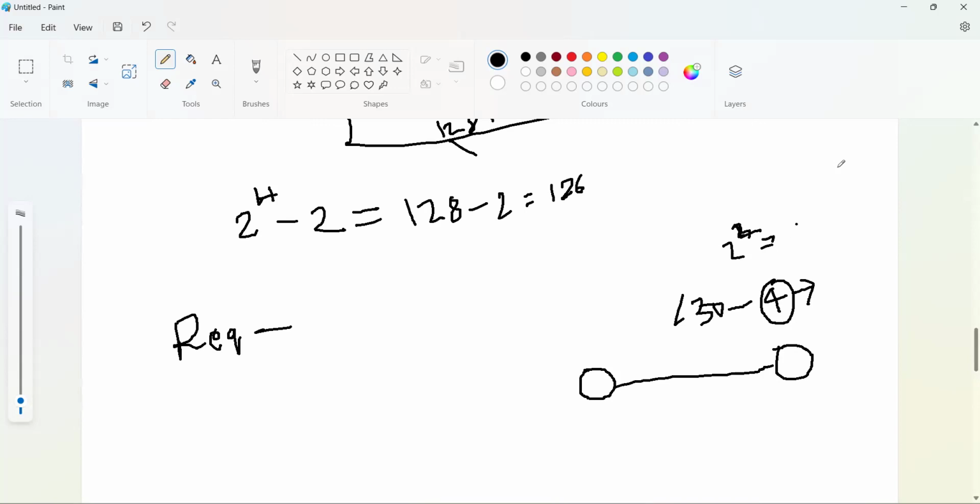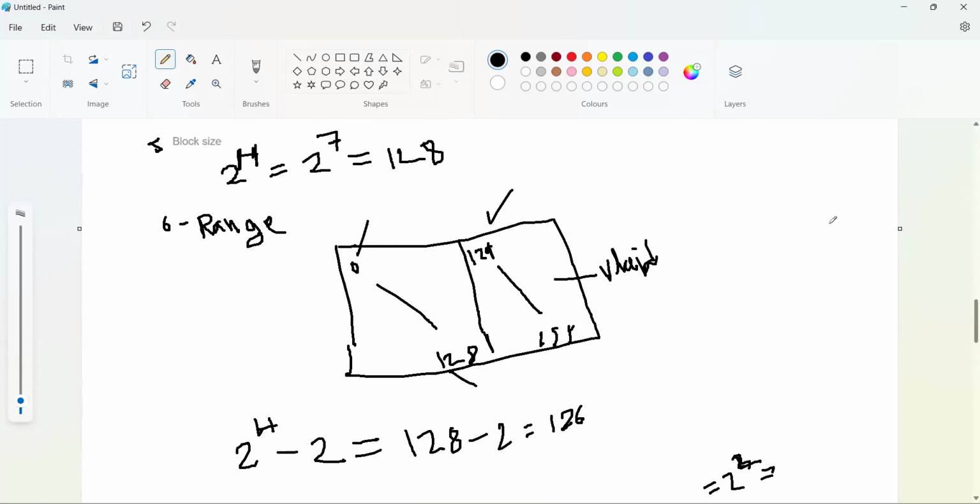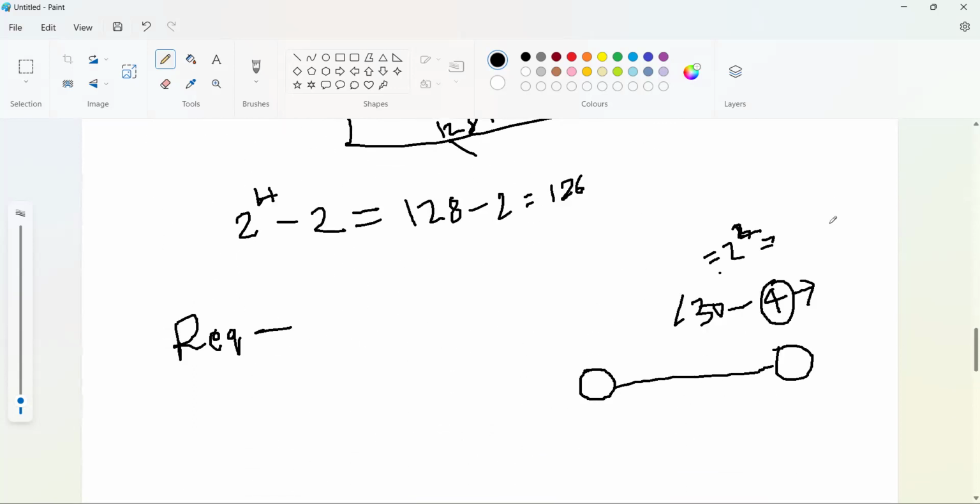The host portion gives a block size of four IP addresses. Fine. In this, minus 2, you'll get 2 IP addresses.